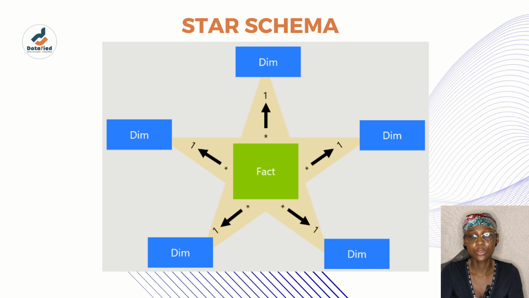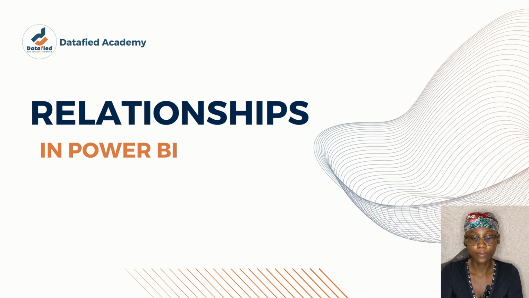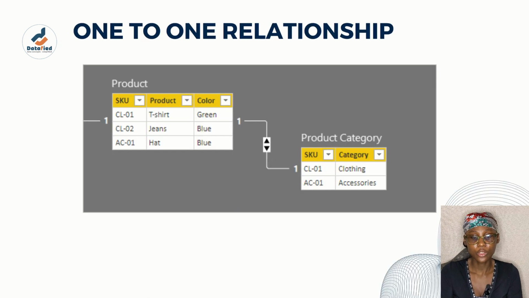So now we've understood what schemas are, we'll look into relationships in Power BI. Relationships are the way tables are connected in your data model. And for Power BI, we have three types of relationship and we'll look at them one after the other.